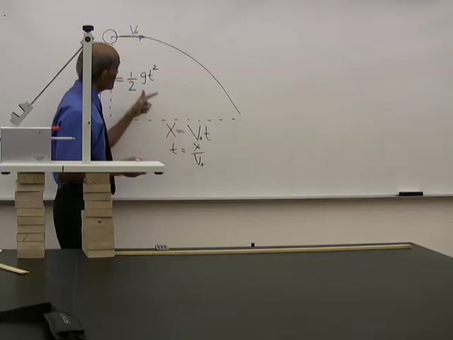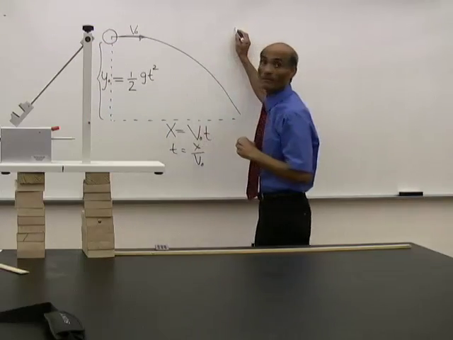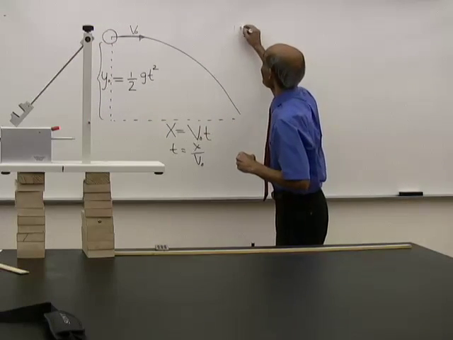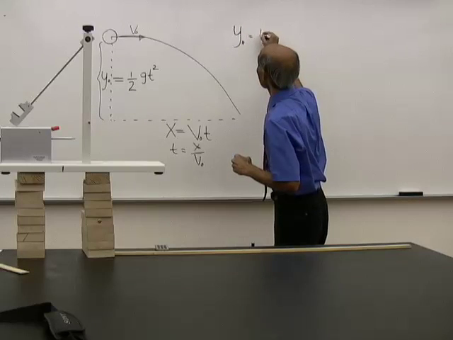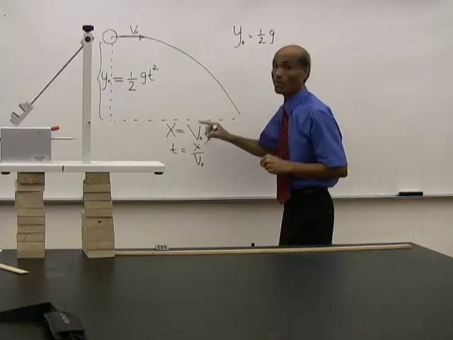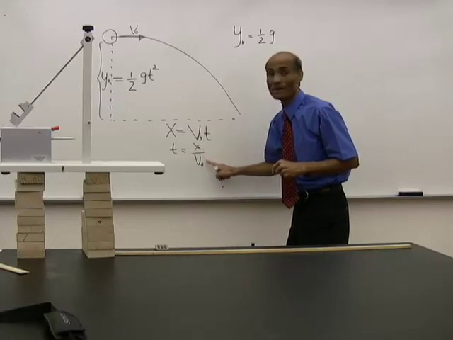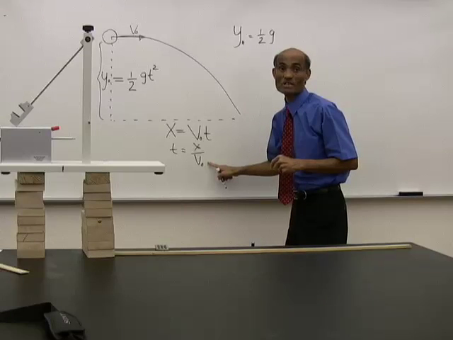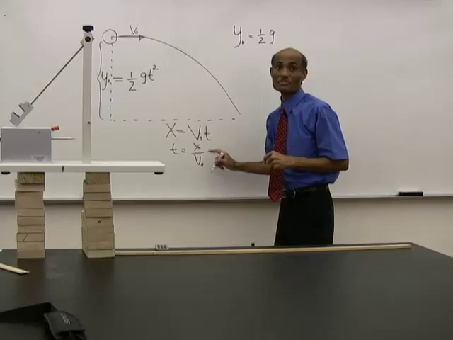And take that t into here, and let me write it over here. You have Y0 equal to 1/2 of gt squared, and I'm going to replace t by x divided by V0. So t squared will be x squared divided by V0 squared.